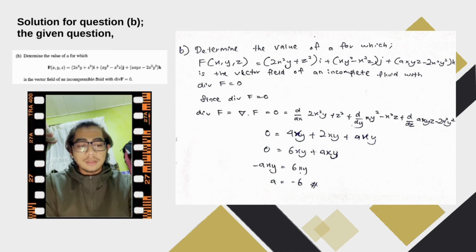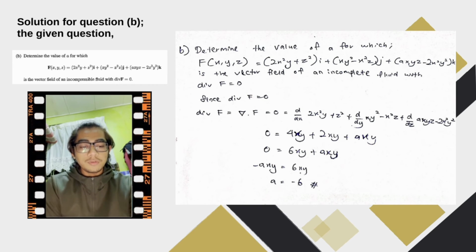So we can see that d over dx of (2x squared y plus z squared) plus d over dy of (x y squared minus x squared z) plus d over dz of (a x y z minus 2x squared y squared). After we solve it, we get 4xy plus 2xy plus axy. We add the 4xy with 2xy, so we get 6xy plus axy.